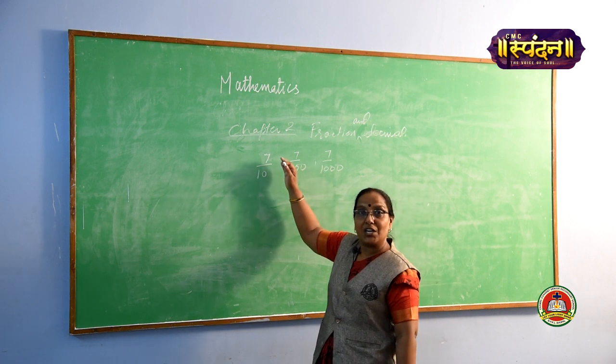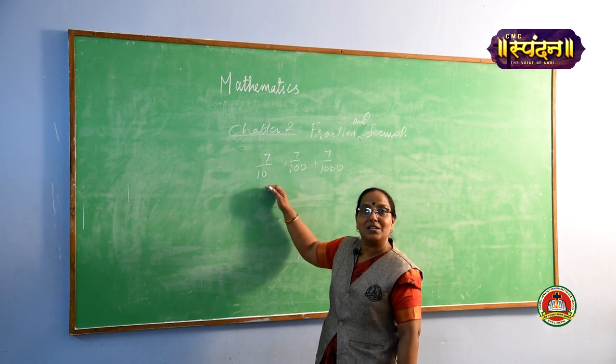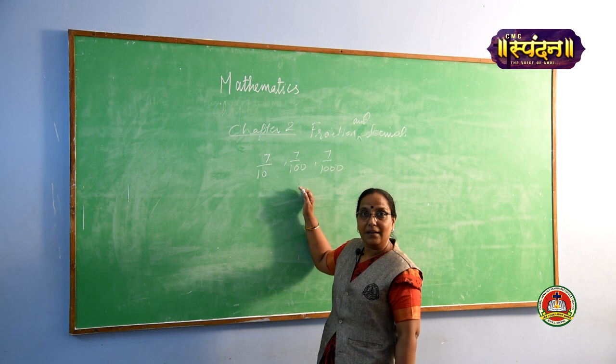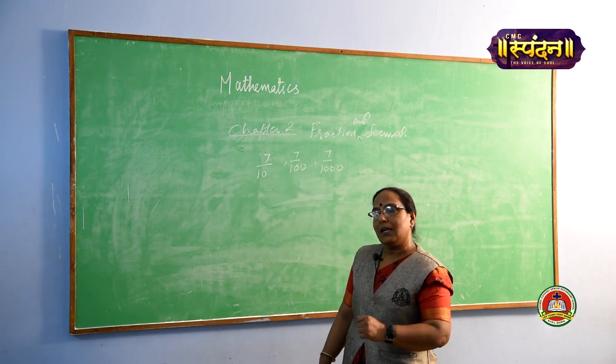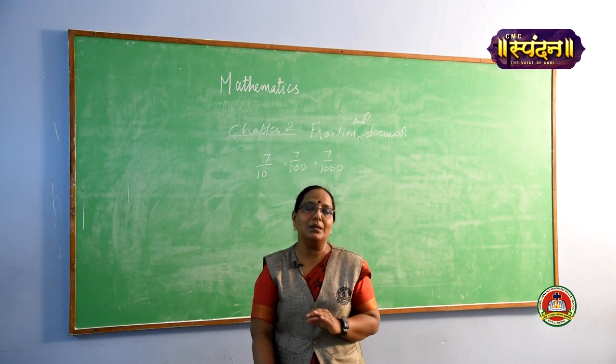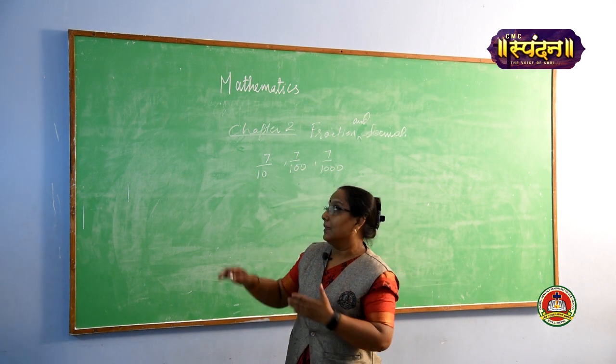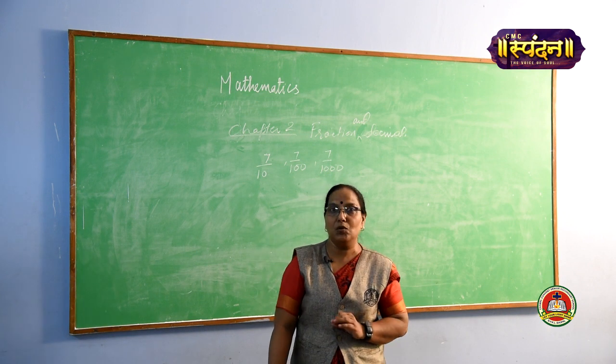That means a fraction with the denominator as 10 or a power of 10 is called a decimal, okay. It does not mean that only a whole number is divisible by 10. A whole number can be divided by any number, no problem.